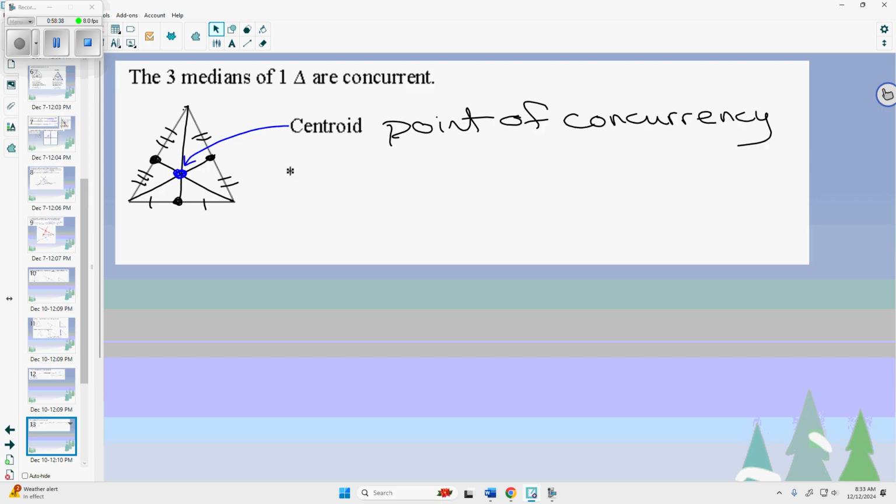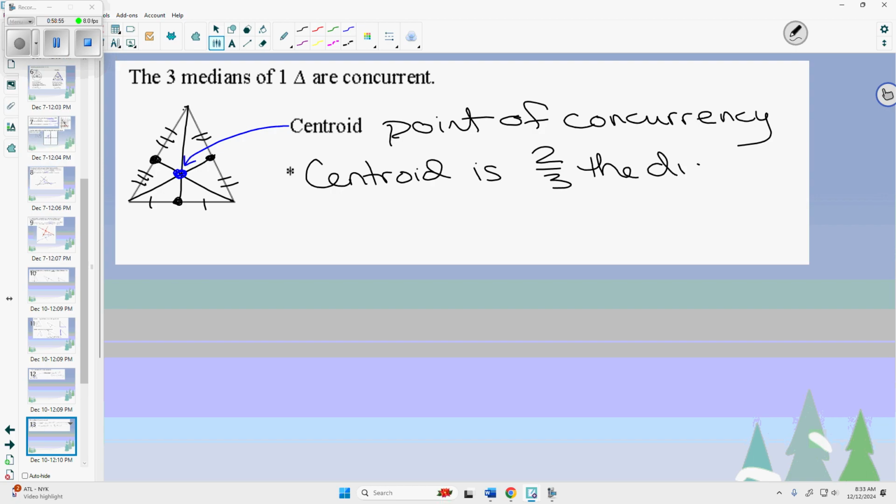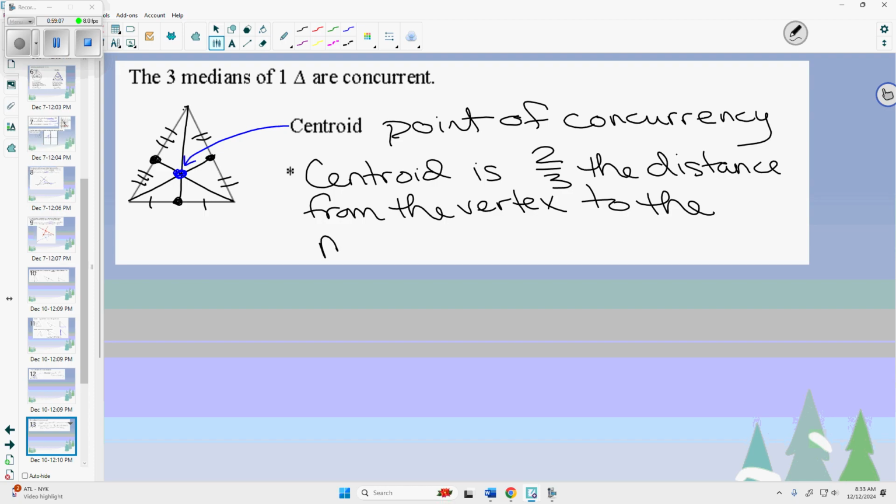And the centroid has a very specific measurement spot. The centroid is 2/3 the distance from the vertex to the midpoint of the opposite side.